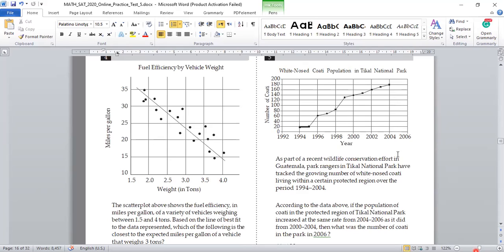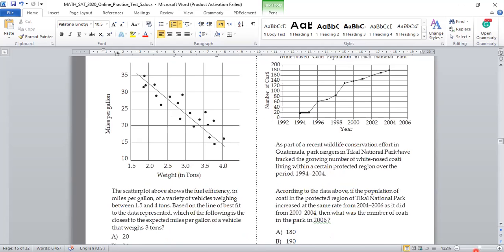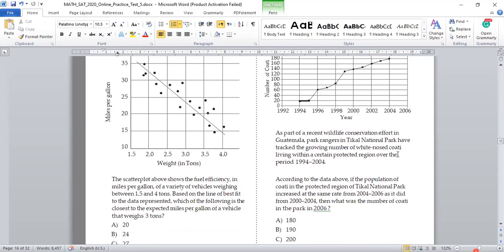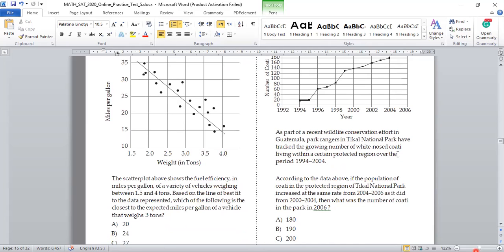Okay, so 2002, it went up what, 20? Yeah, it went up 20, so it'll go up another 20. It'll go to 200. It's asking from 2000 to 2004.